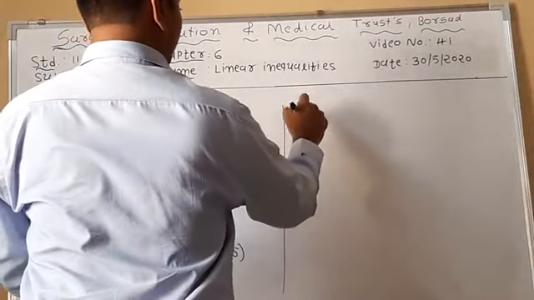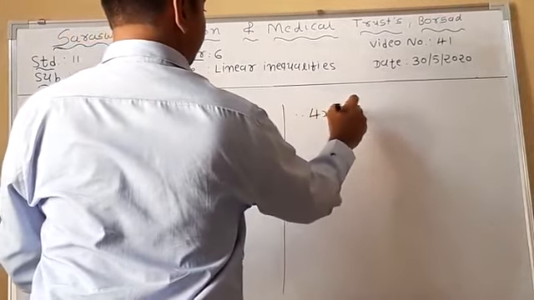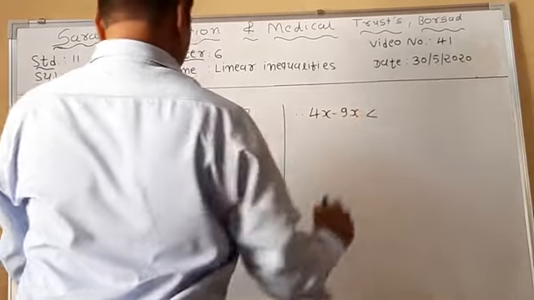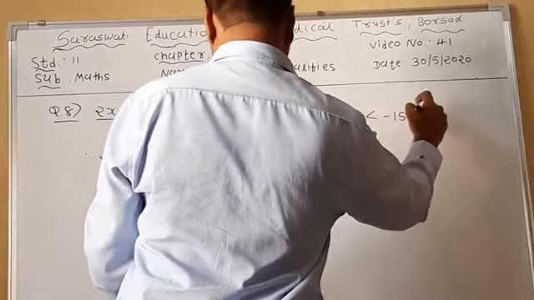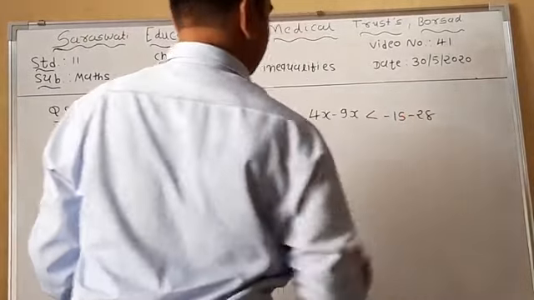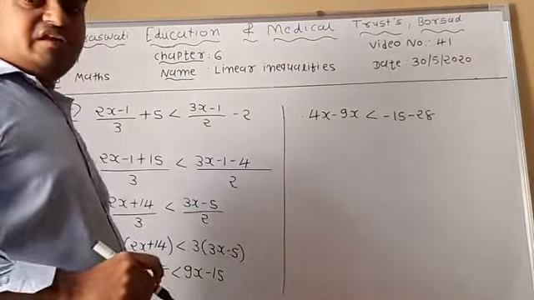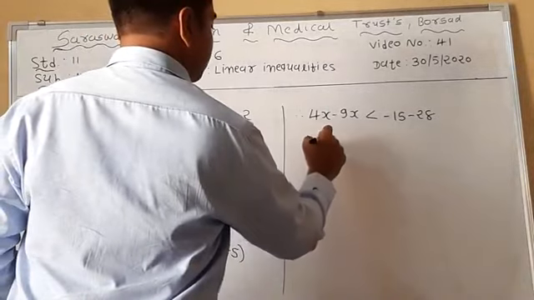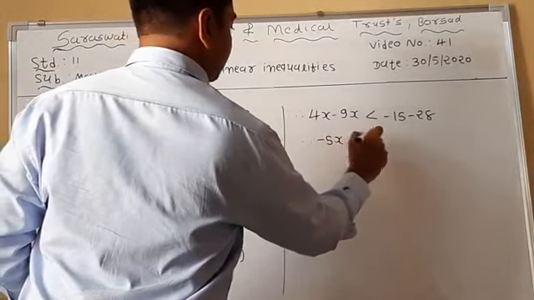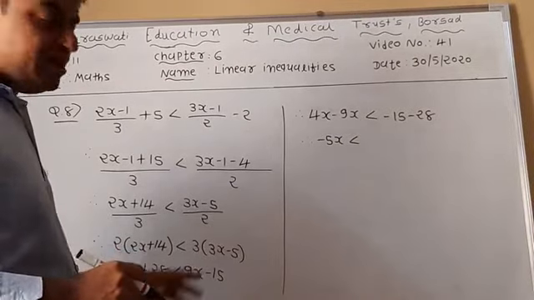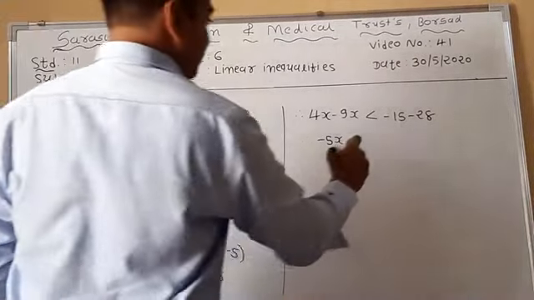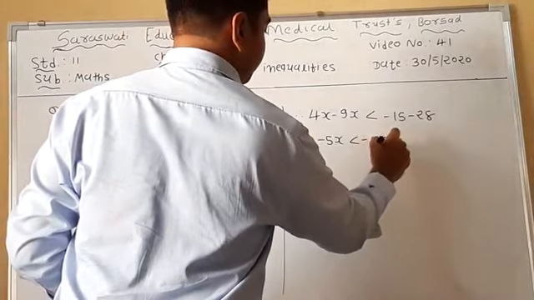So 4x minus 9x is less than minus 15 minus 28. That is minus 5x less than minus 15 minus 28. So here we can write minus 43.